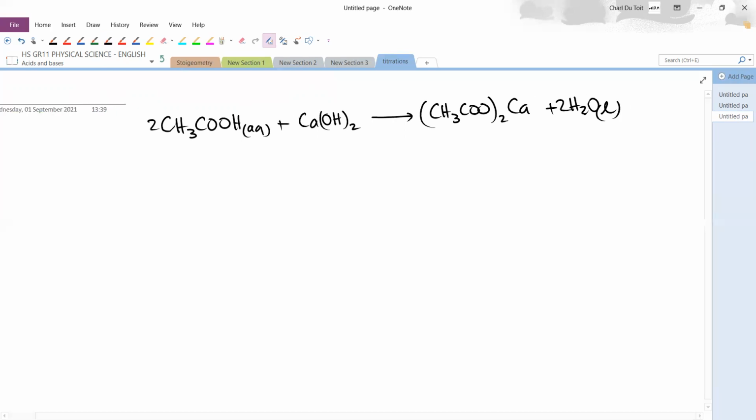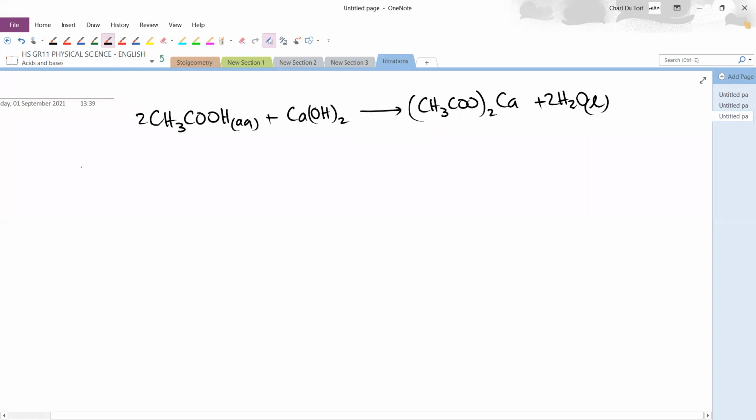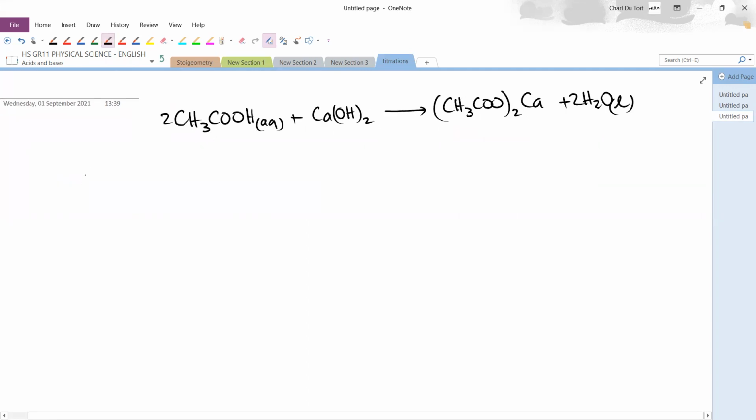Okay, so let's start the sum. I'm taking 7 grams of acetic acid, and I'm adding it to, let's say, 250 milliliters of water.